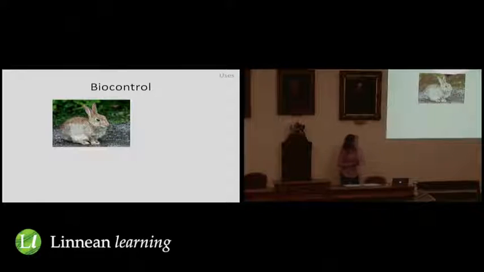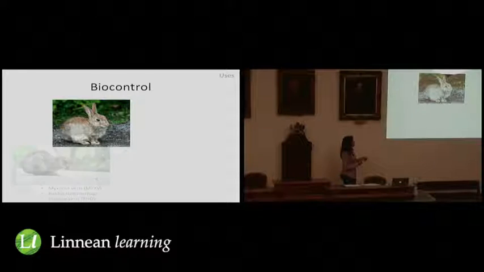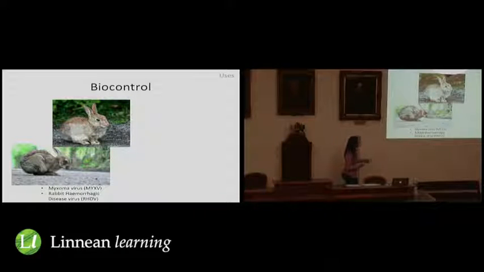It started messing with the ecosystems, it disrupted food chains, and generally caused quite a problem. Hunting them was not good enough to be able to kill enough rabbits so that they could get everything back under control. So one way of dealing with this was to introduce two viruses, the myxoma virus and the rabbit hemorrhagic disease virus.